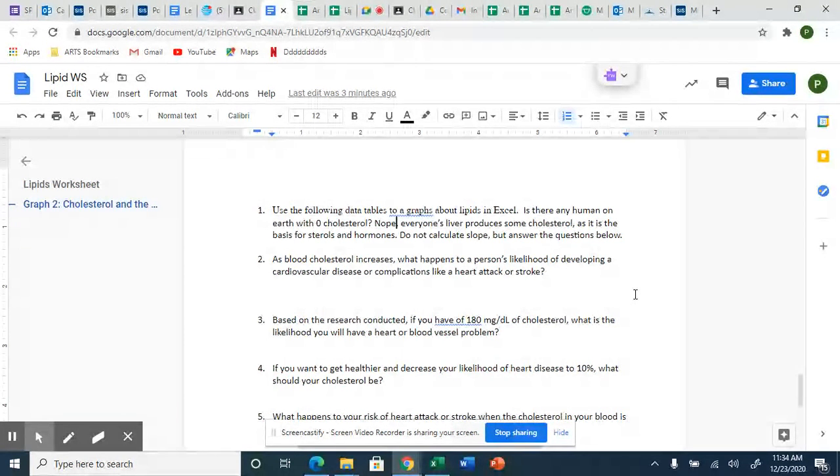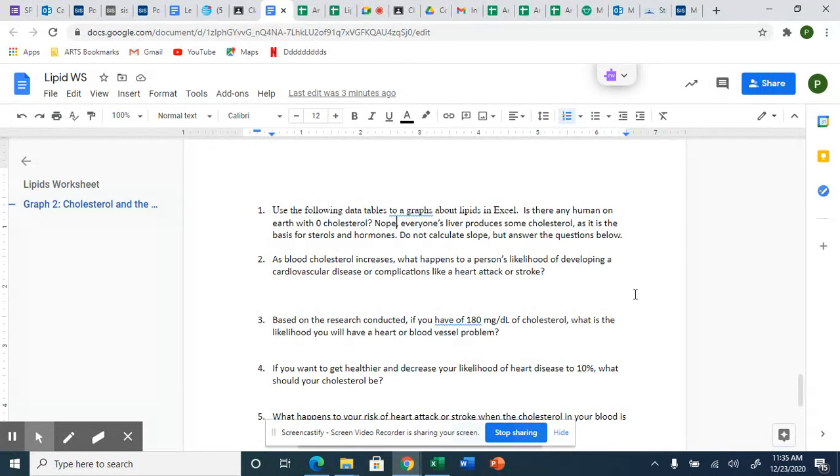There are proteins embedded in a dual layer lipid wall around each cell. So everybody needs cholesterol. Cholesterol also helps with brain development, so it is very important for children to have cholesterol in their diet. All right, so that one already says that.